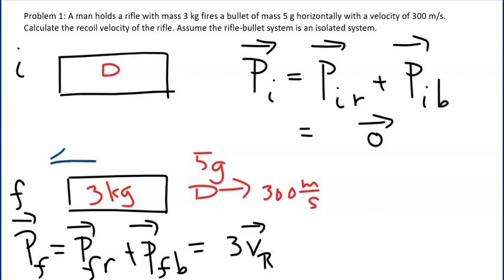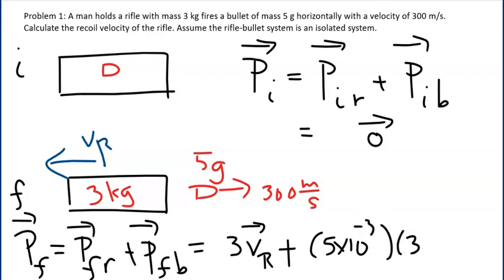Let's assume the recoil velocity is Vr, and of course it's going to recoil, it's going to move towards the leftward direction. And the final momentum of the bullet is 5 grams, so you convert that into kilograms, times the velocity 300 i hat, i hat because the bullet is moving to the right.